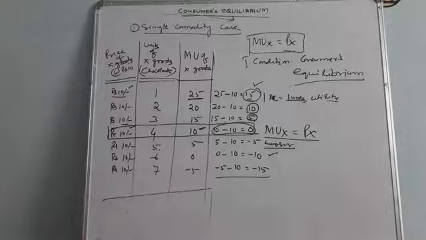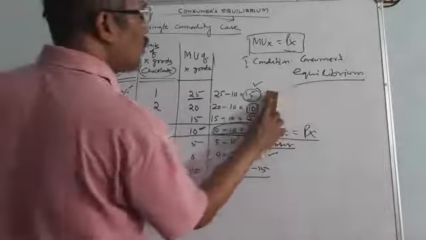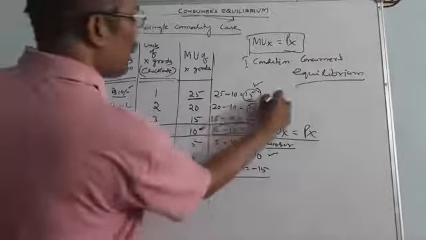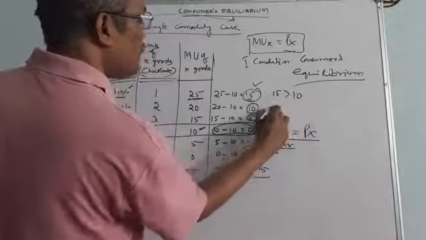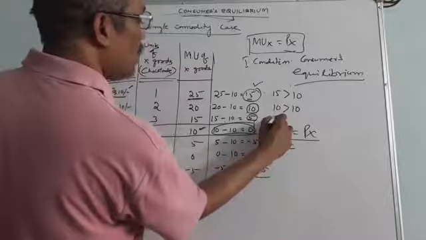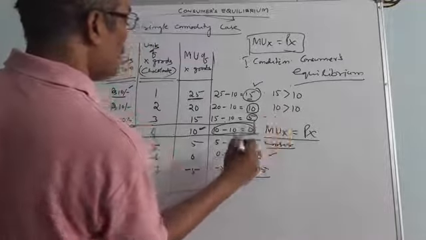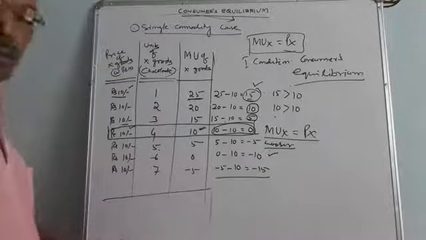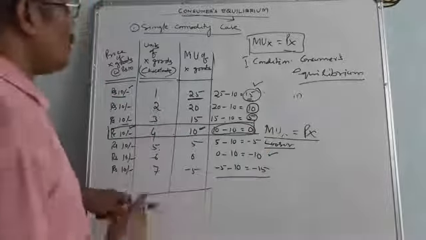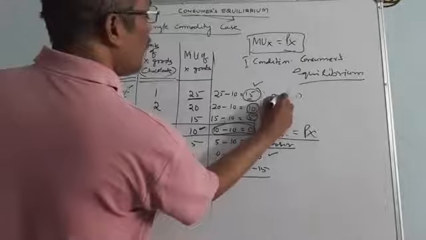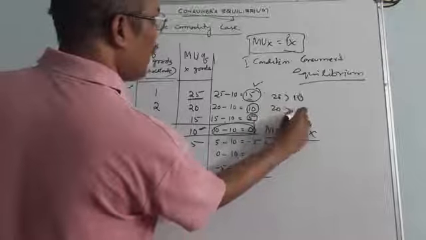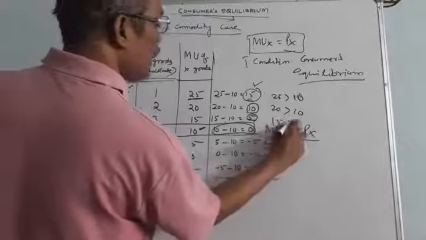Before this, 25 is greater than 10, 20 is greater than 10, and 15 is greater than 10.